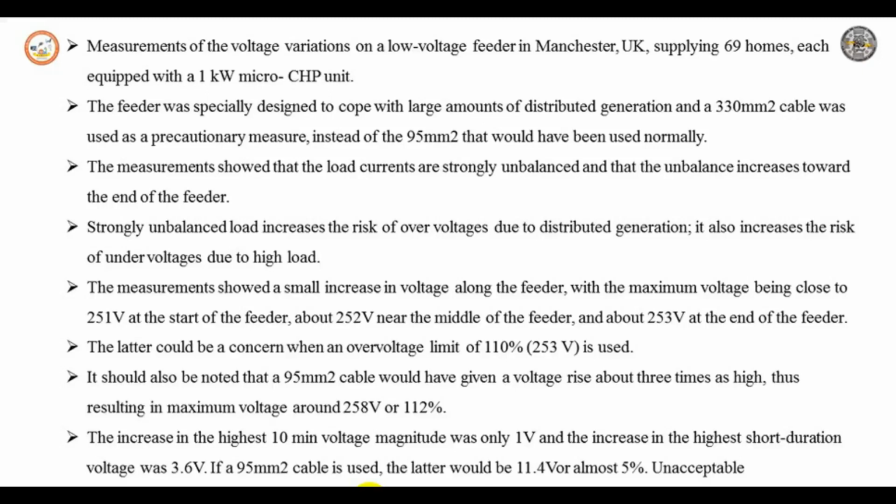Setting the over voltage limit at 110% would significantly reduce the hosting capacity to between 62% and 100% per feeder. You can imagine, per feeder 62 to 100% of hosting capacity. During backup operation of this feeder, the feeder length is longer, resulting in higher voltage rise.